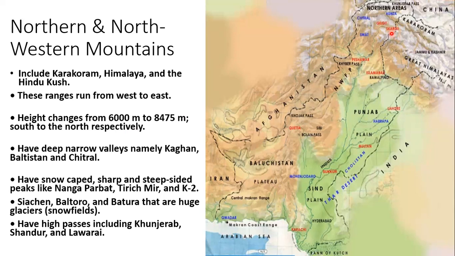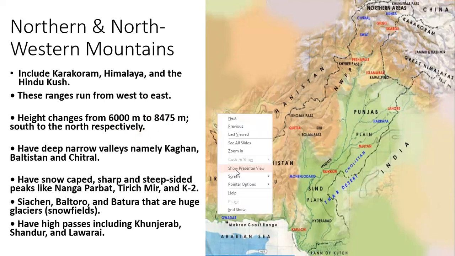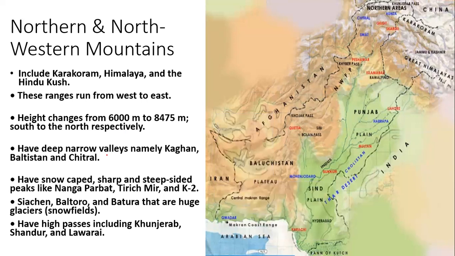Now, first we should learn what a valley is. A valley is a flat surface between two mountains.